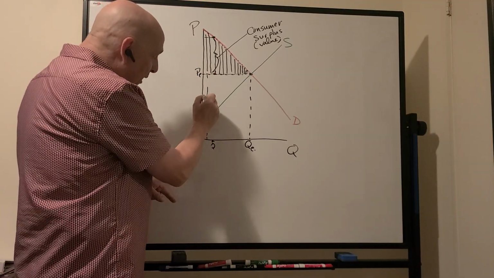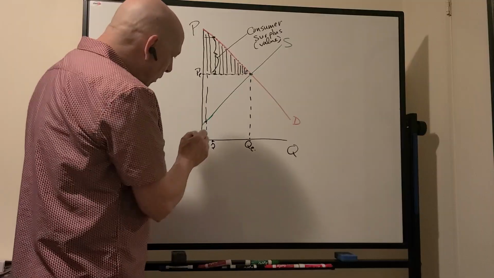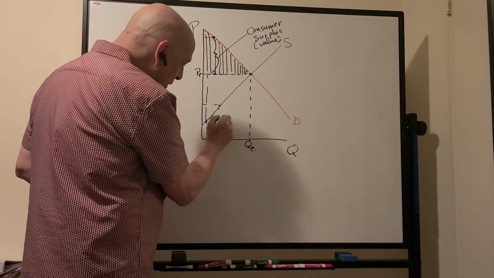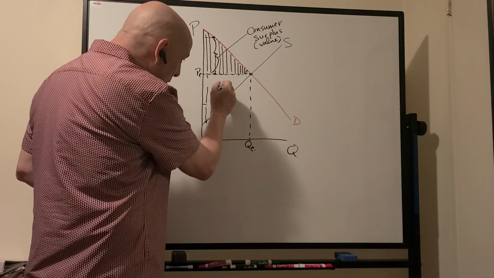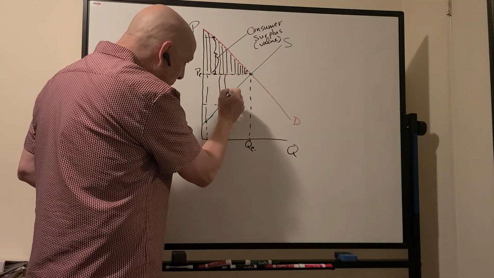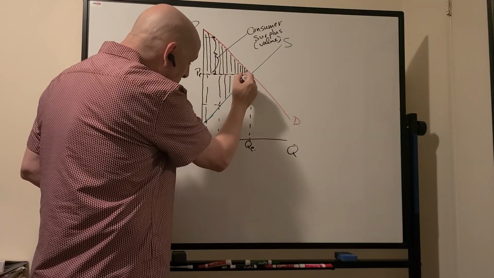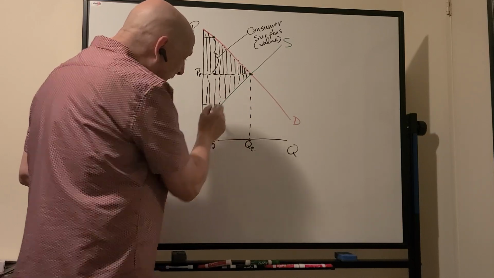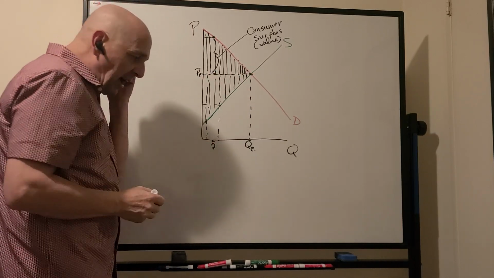So they're actually making a lot more, right? All those people are receiving a lot more, all the way up here. So there's additional value that is gained by producers at this end.